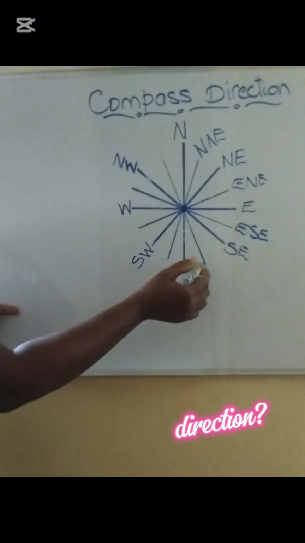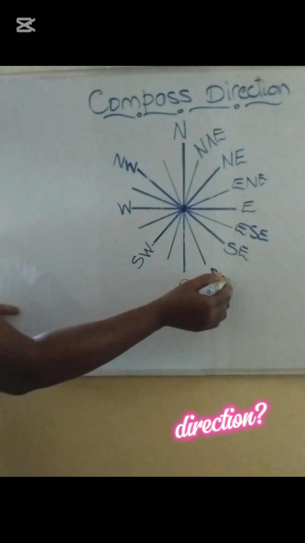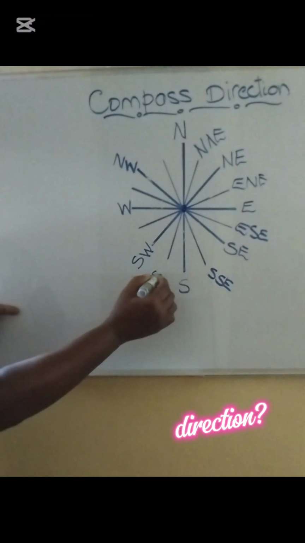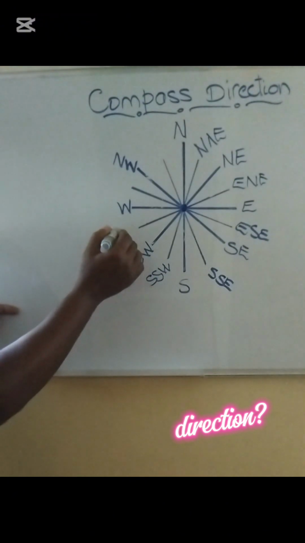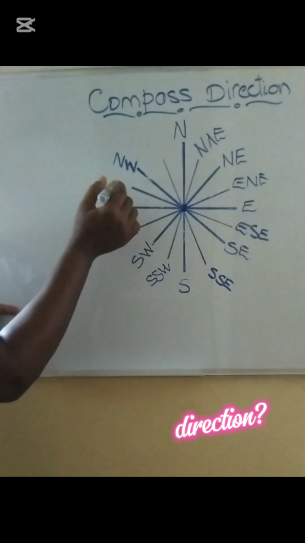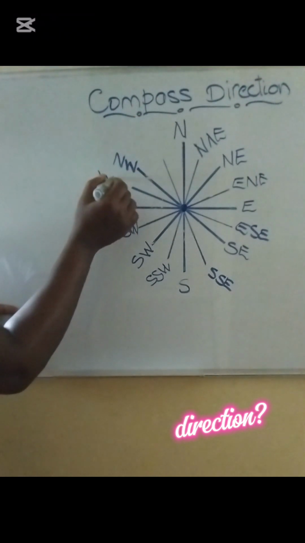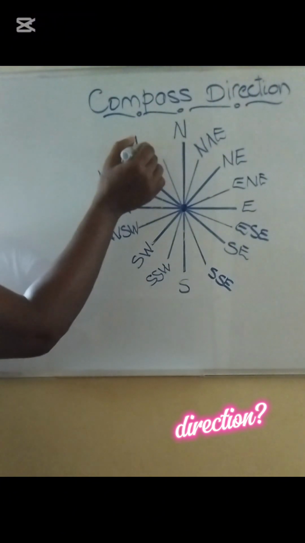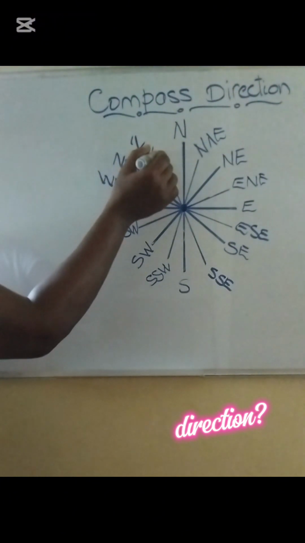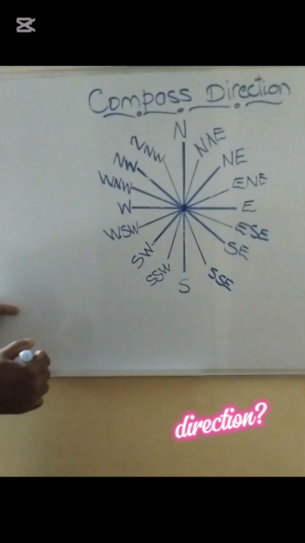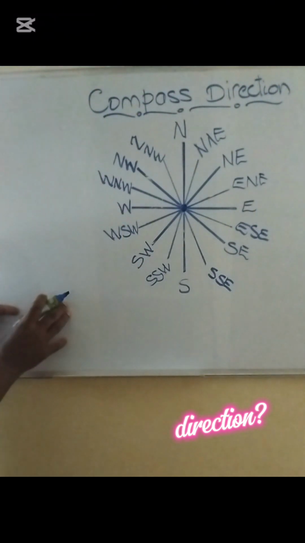Southeast going to south, that's south, southeast, and then going to southwest, that's south, southwest. Here, west, south, west, west, north, west, and north, north, west. Okay, so that's the subdivision there of the 16-point compass.